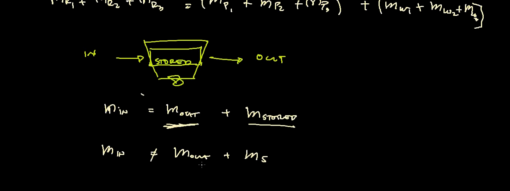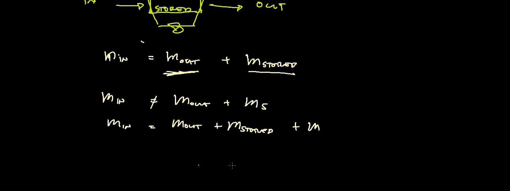So in order for us to account for this, we need to add those materials and say that the unknown material is what we call the losses. So we have the mass loss to account for all the materials going in and going out of the system.